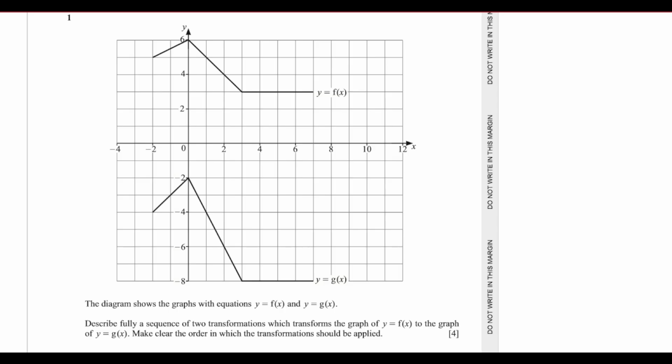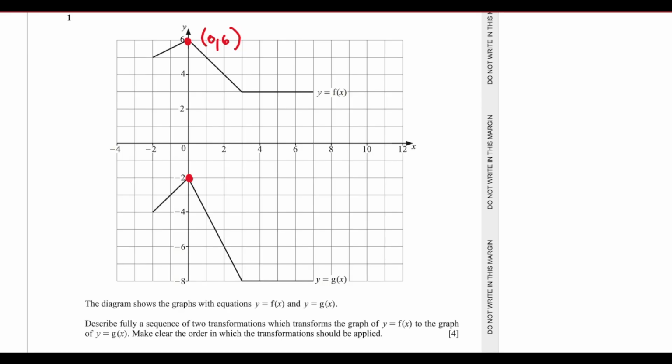Now let's see what's happening from f to g. Let's look at the original graph of f. That point over there is 0, 6, so it's a y-intercept, obviously. Then let's look at the new graph.